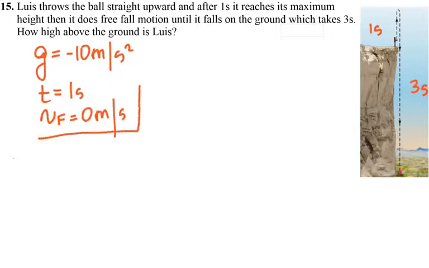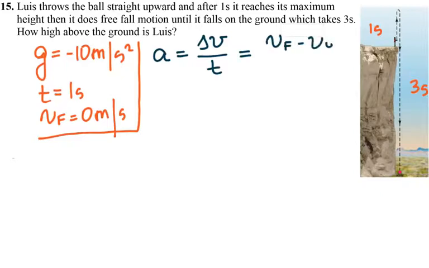I didn't know the initial velocity, so I'm going to use the acceleration formula. The acceleration is change of the velocity over the time. I don't have the initial velocity; I have the final velocity, acceleration, and the time. So this is the final velocity minus initial velocity, divided by time.